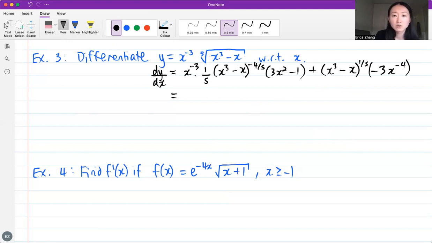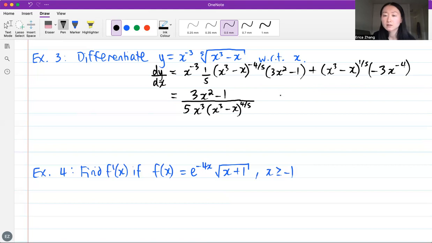So remembering that negative indices become positive indices if we put them in the denominator, we have 3x squared minus 1 as our numerator over 5, an x cubed, and then (x cubed minus x) all to the power of positive 4/5.